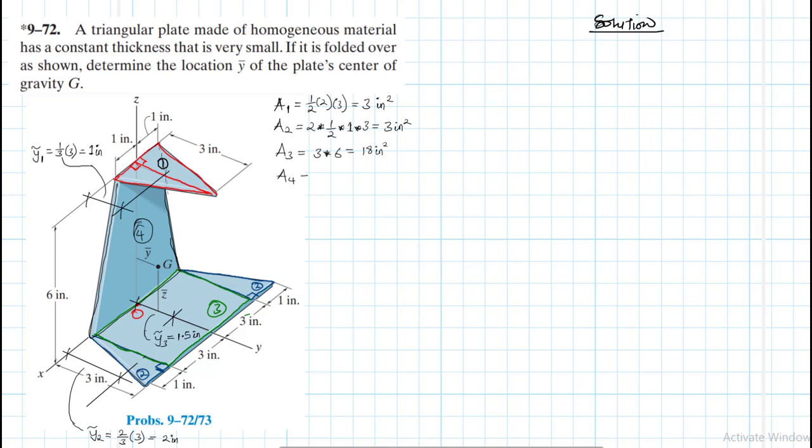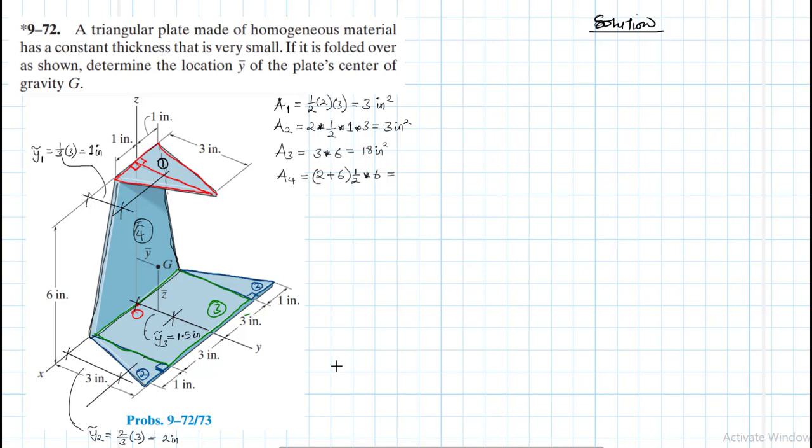Then area number 4 is a trapezoid, so it's a plus b times half times the height. So a is 2 plus the bottom, which is 6, times half times the height, which is 6.